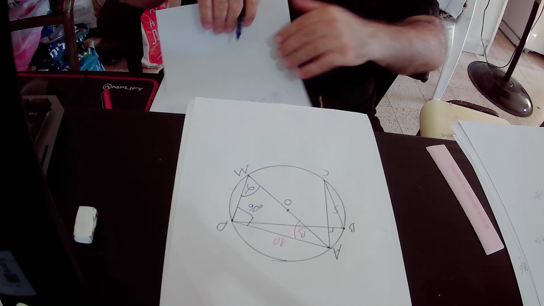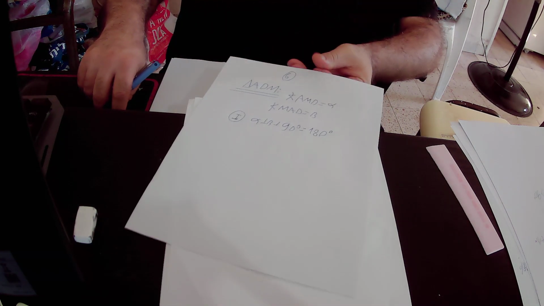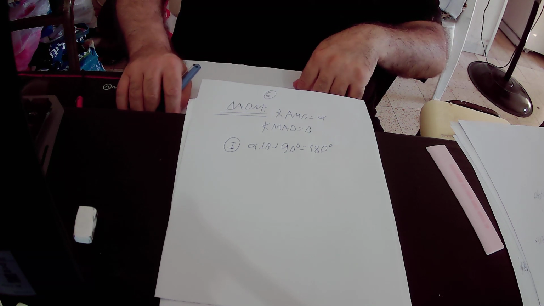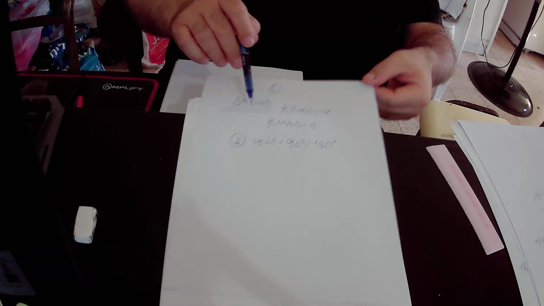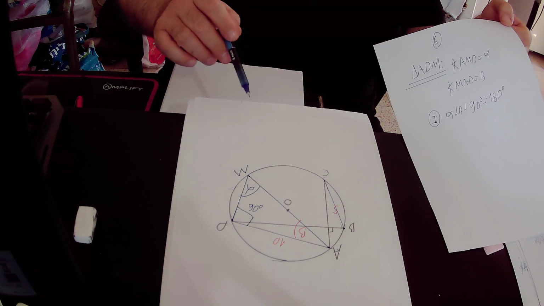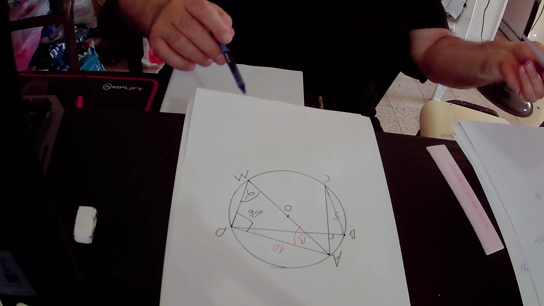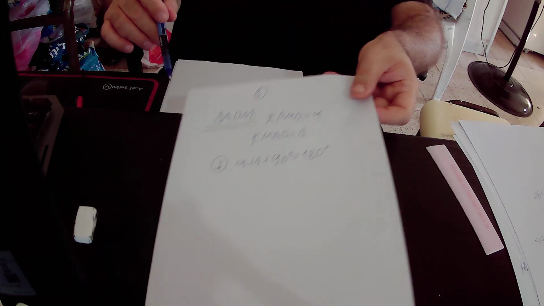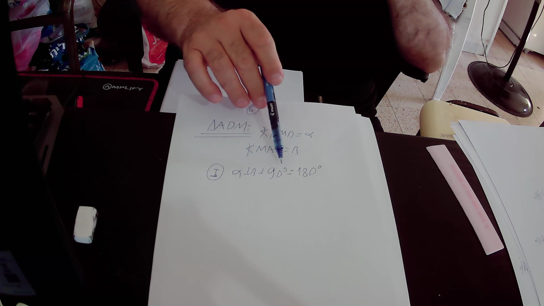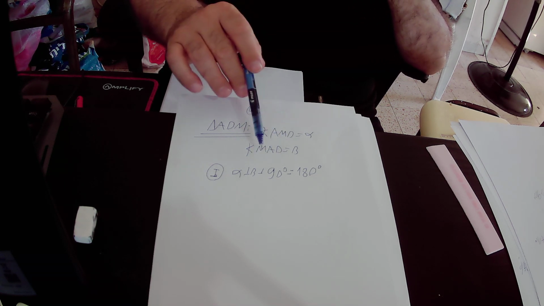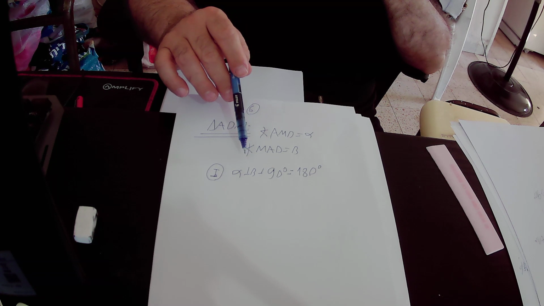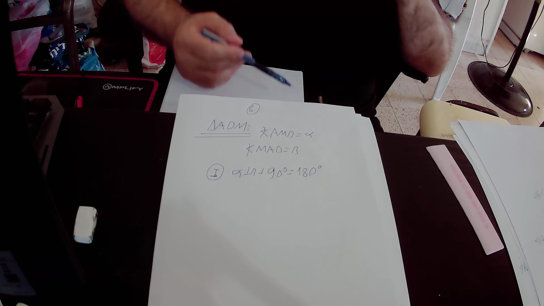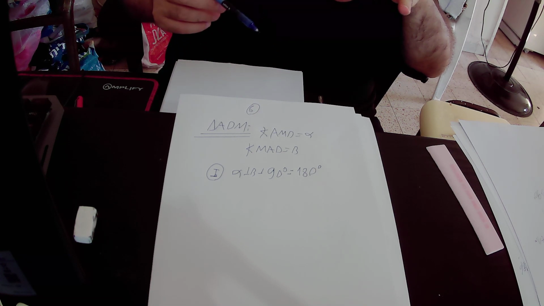So in this way we created equation number 1, that states that the sum of the angles in the right triangle ADM equals 180 degrees. That is our first equation, equation number 1.